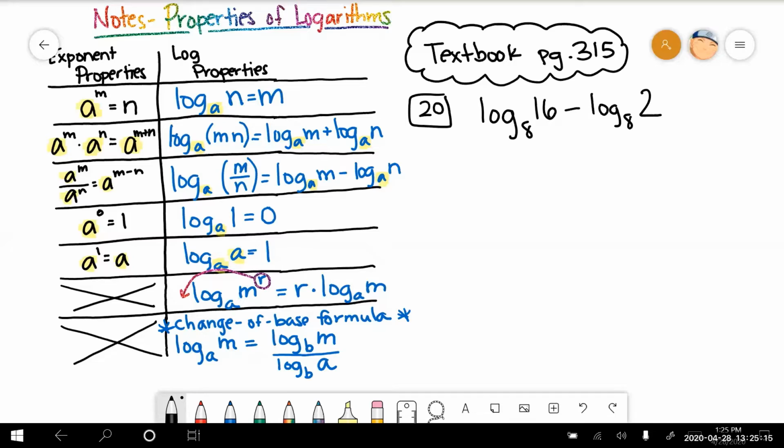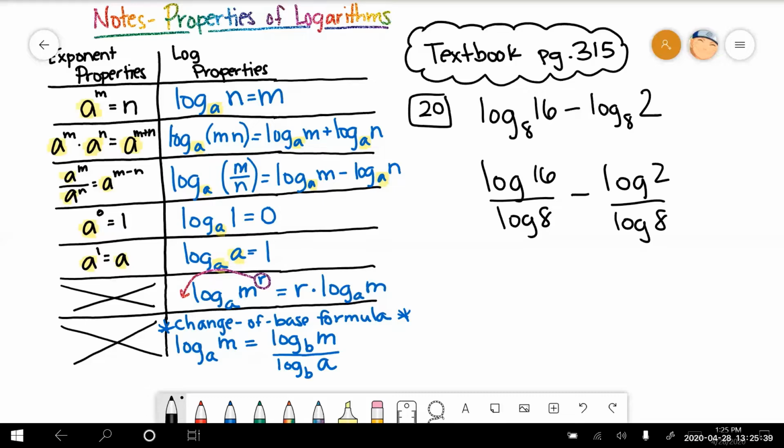So we could go the change of base route. But it might make things a little more complicated. For example, and it's not wrong, we can do log 16 over log of 8. That's following the change of base rule, okay, right here. And I can subtract log of 2 over log of 8.